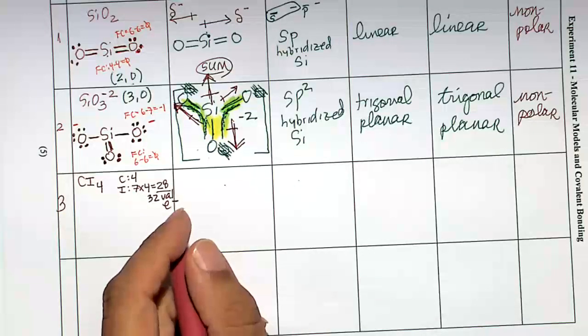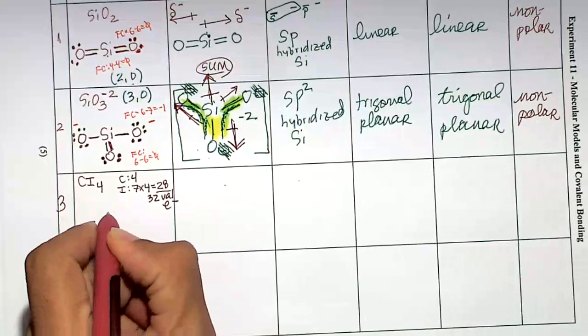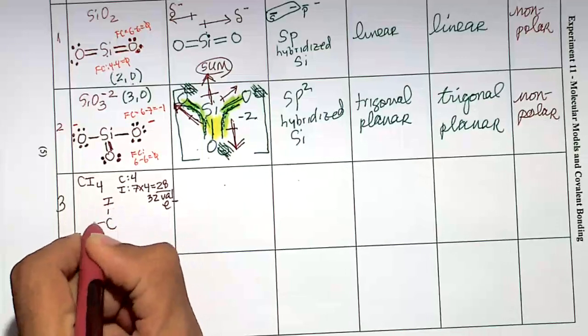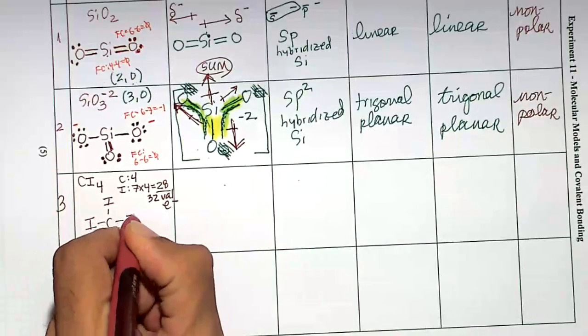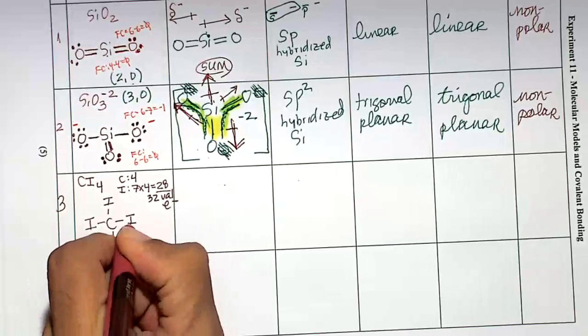So what will be our central atom? Carbon, and then we'll have an I here, I here, I here, and an I here.